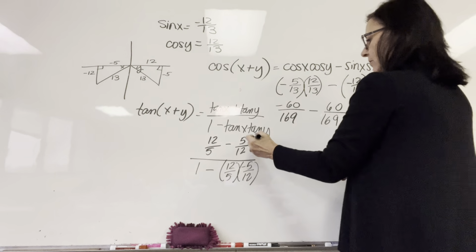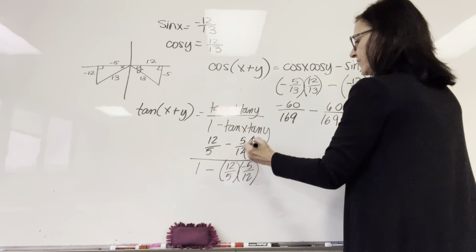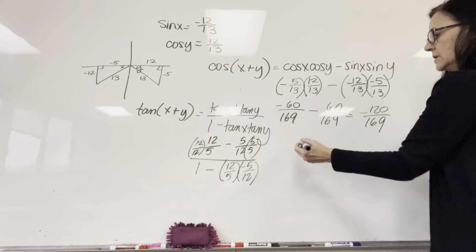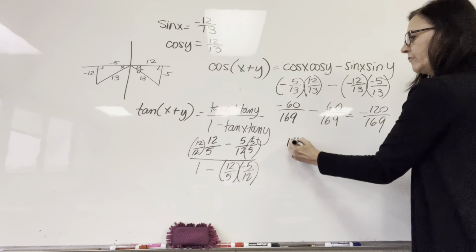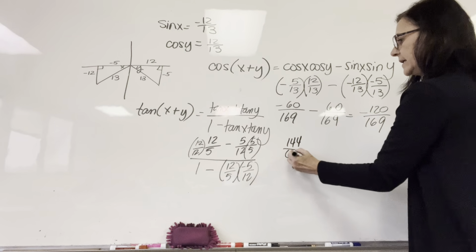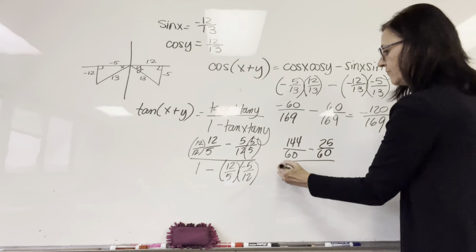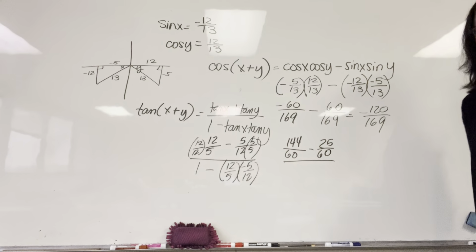Okay, so let's multiply this one by 5/5 and this one by 12/12 so that we have 144/60 minus 25/60 over 1 plus 1, which is 2.